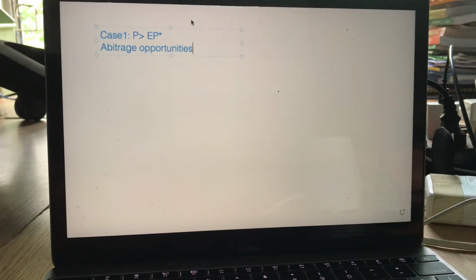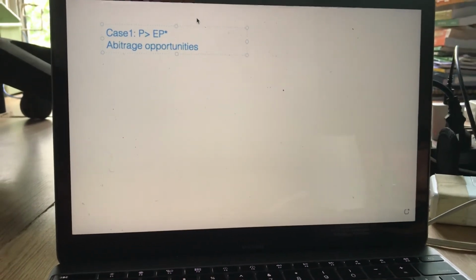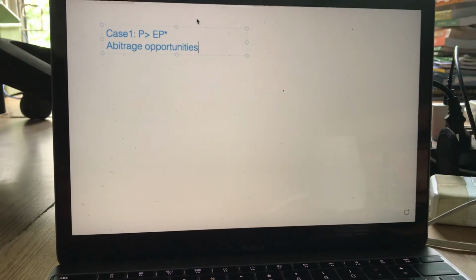When we observe P is greater than EP star, what is the arbitrage opportunity here? And what are the steps to conduct this arbitrage opportunity?